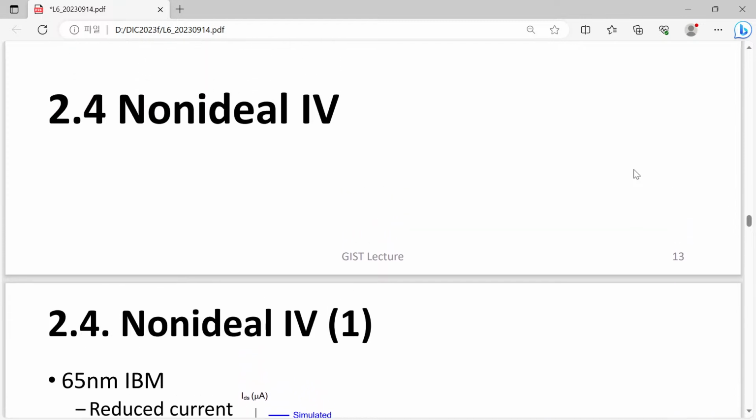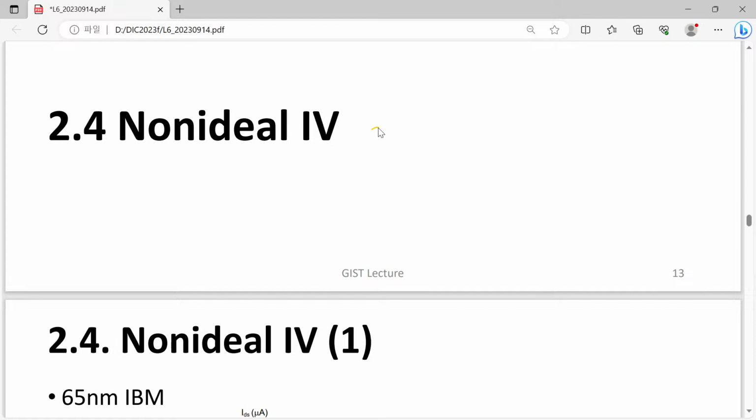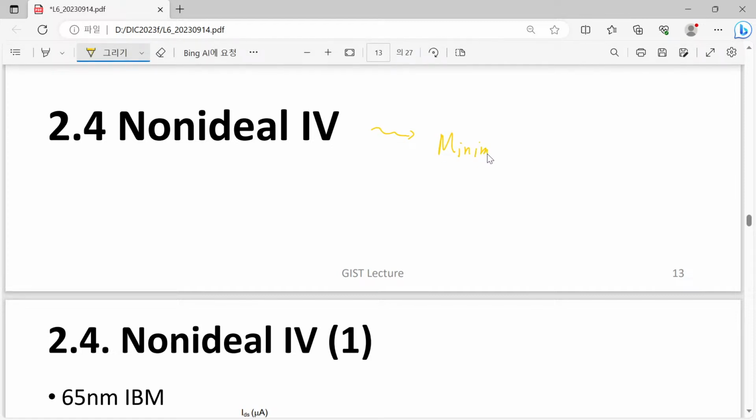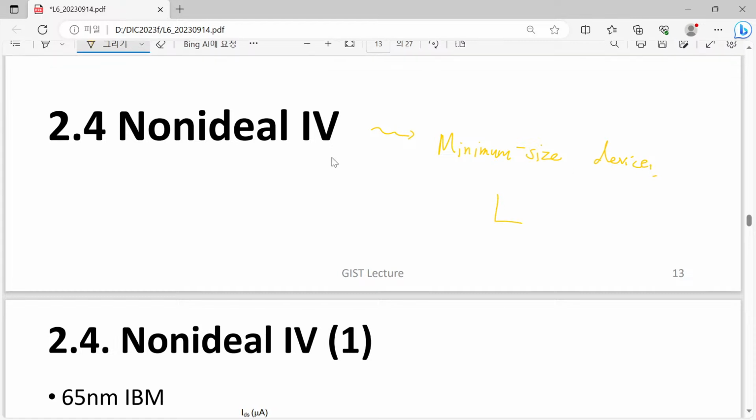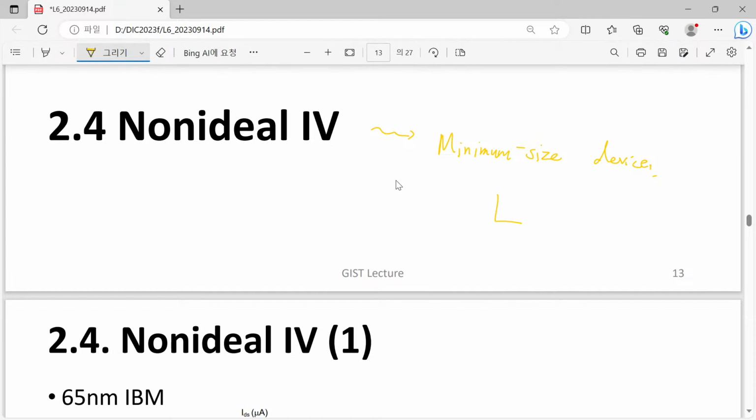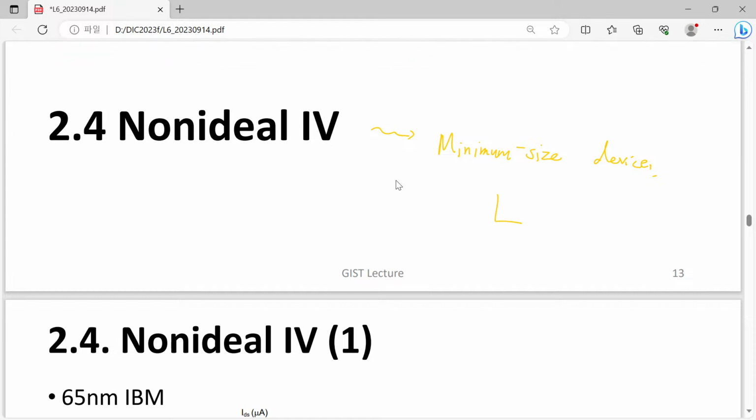But unfortunately, we are always trying to use the minimum sized devices, especially in the case of length. We wanted to take the shortest device. Then this shortest device has somewhat different behavior compared with the device with longer channel.